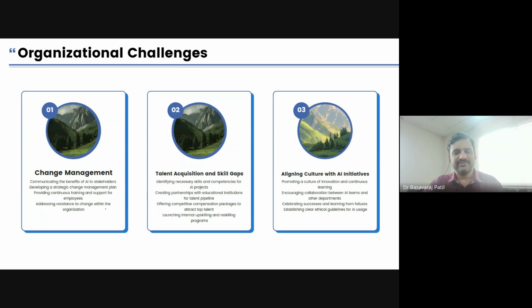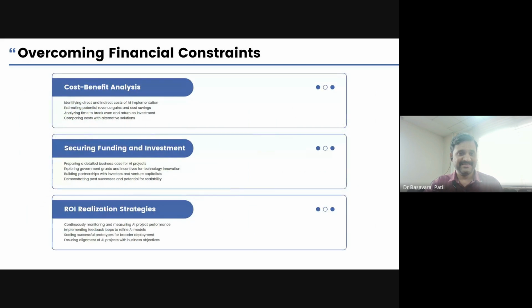Aligning with the culture of the technologies and getting into the evolutions are the organizational challenges where we need to adapt or understand. And more than all, the financial aspects are the most difficult task.